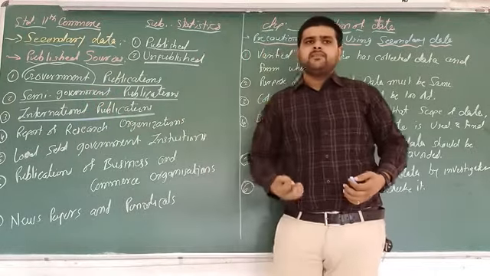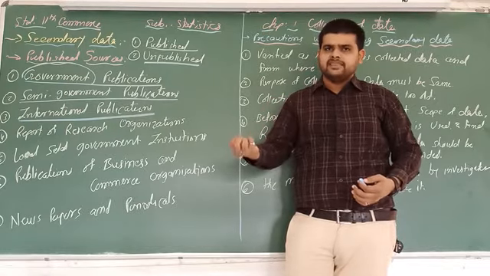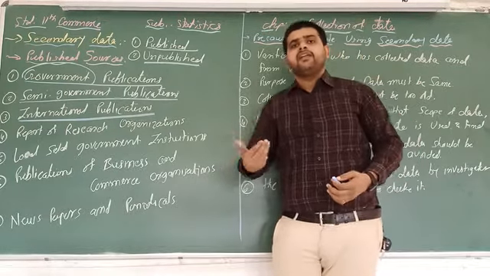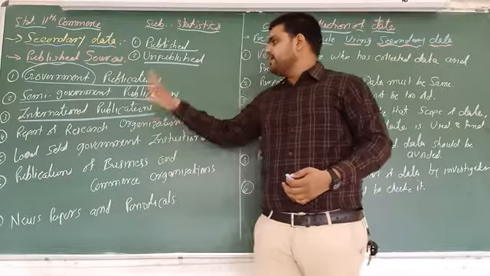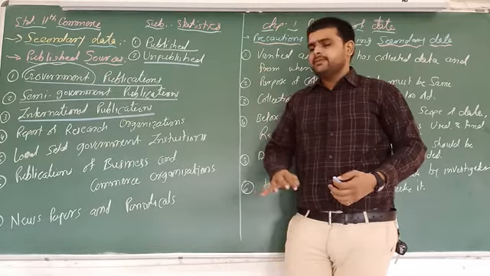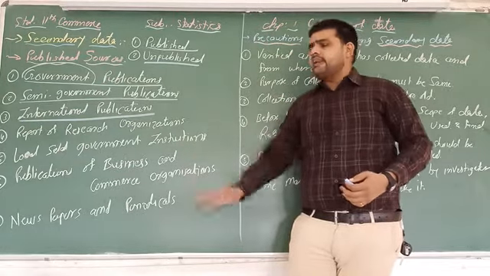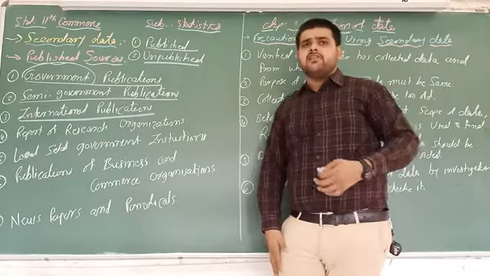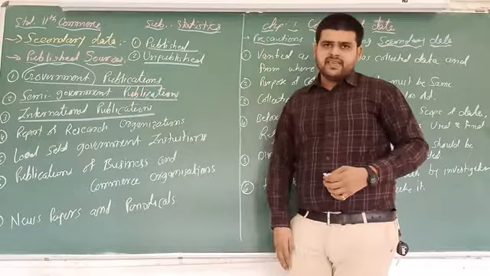For example, WTO, World Trade Organization, and WHO, World Health Organization; this data is also connected with international publications. So data which is produced by international level bodies or authorities is called international publications.